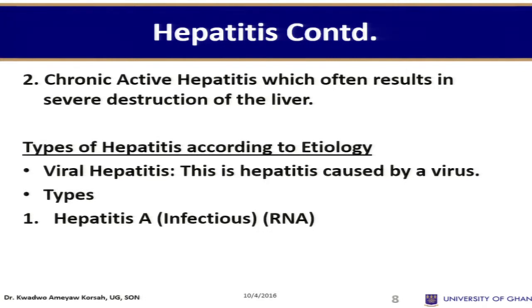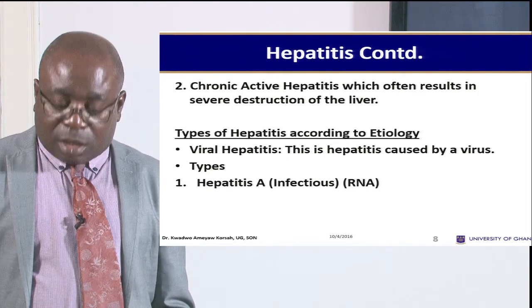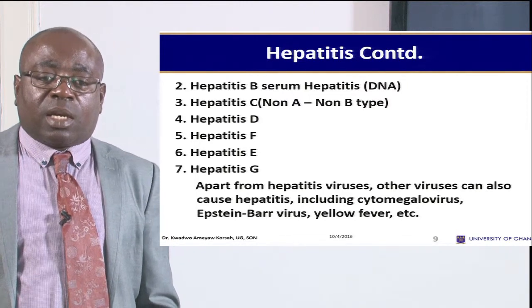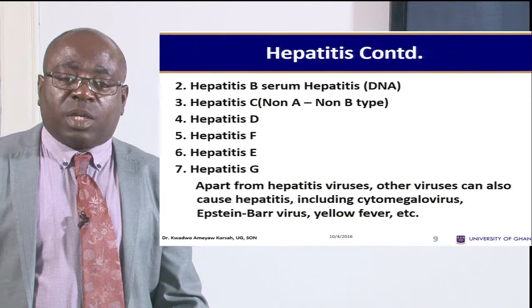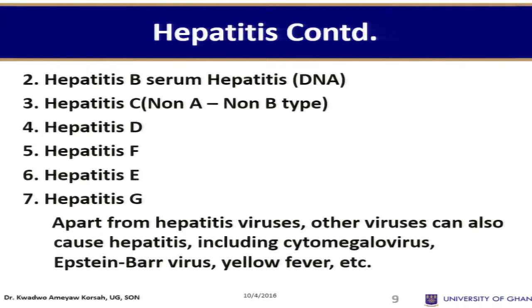The types of hepatitis according to etiology: we have viral hepatitis, and the types are hepatitis A, which is the infectious type, an RNA virus, hepatitis B, serum hepatitis, a DNA virus, hepatitis C, which is the non-A, non-B type, and hepatitis D, E, F, and G. Apart from hepatitis viruses, other viruses can also cause hepatitis, including cytomegalovirus, the Epstein-Barr virus, and the yellow fever virus.